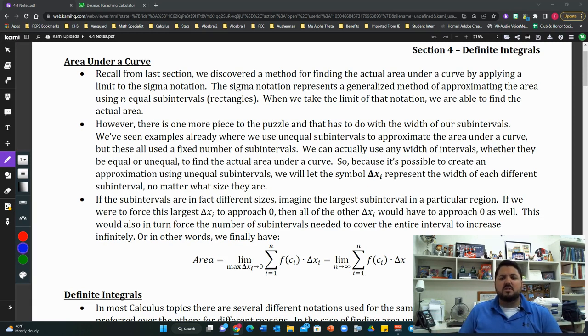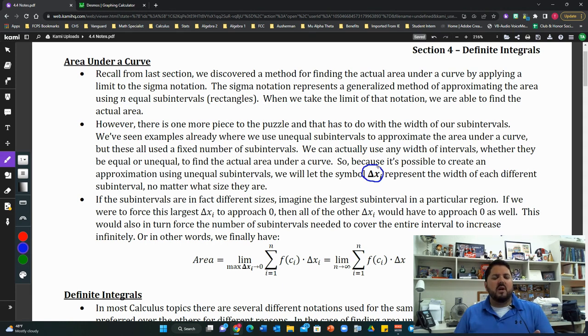So because it's possible to create an approximation using unequal subintervals, we're going to generalize that process and just say that this symbol, delta x sub i, is going to represent the width of each different subinterval. So no matter what size they are, doesn't matter if they're equal or unequal, delta x sub i is going to represent the width of each different subinterval.